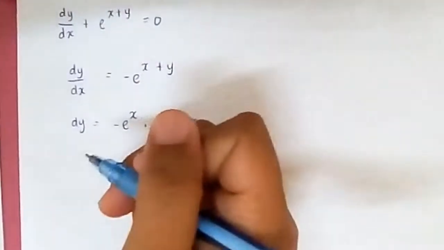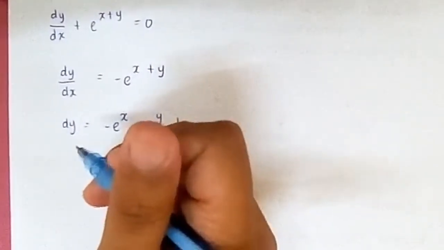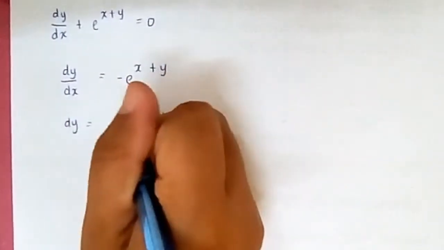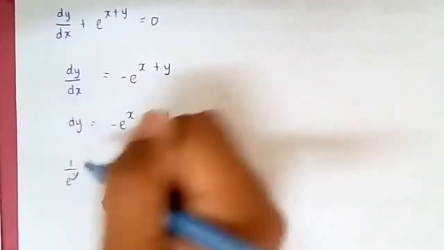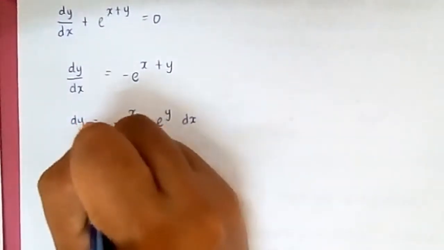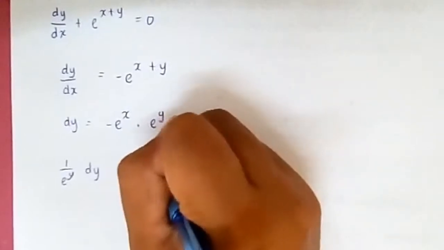Let the y term be together at the left hand side and the x term on the right hand side. So 1 over e to the power of y dy equals negative e to the power of x dx.